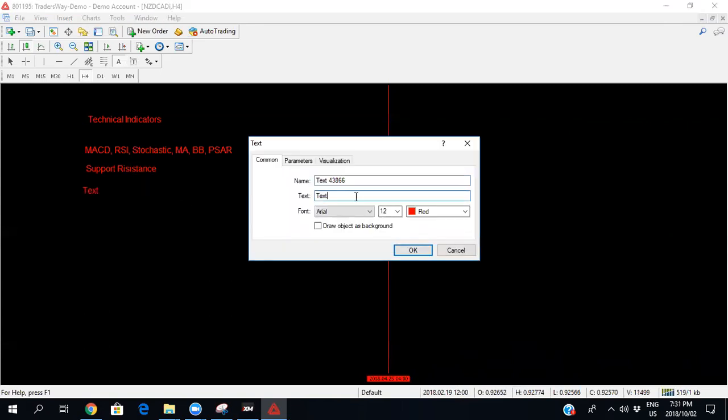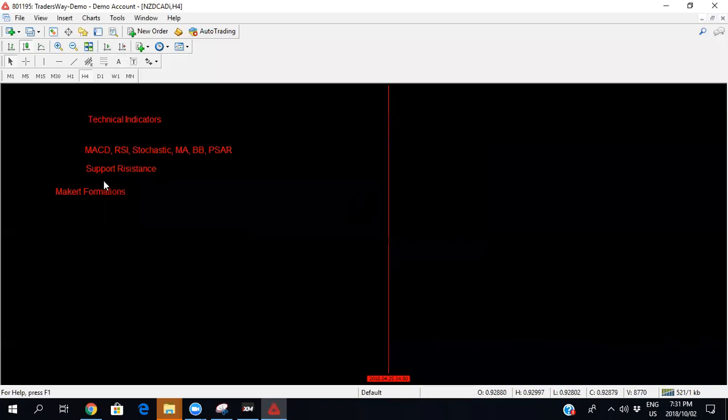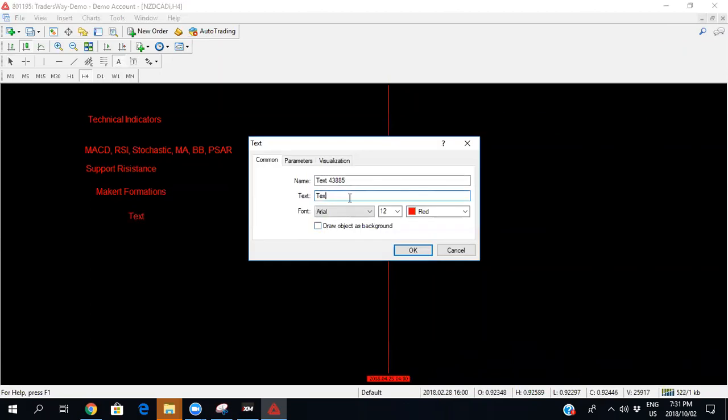And then we're looking also for market formations, right? And under market formations, we have your heads and shoulders, HNS. We have your double top, which is DT.